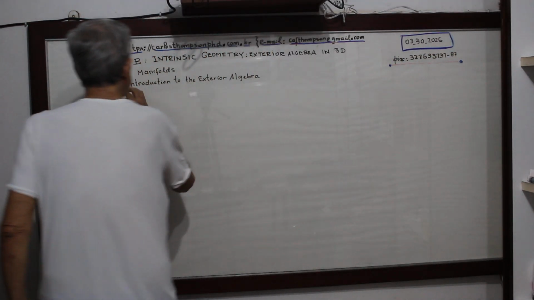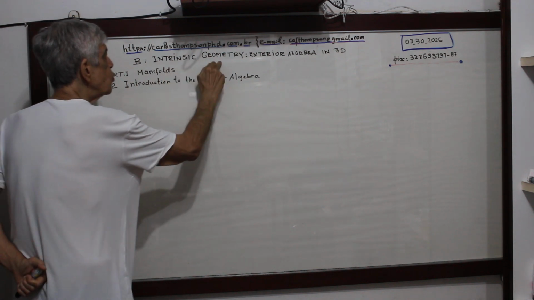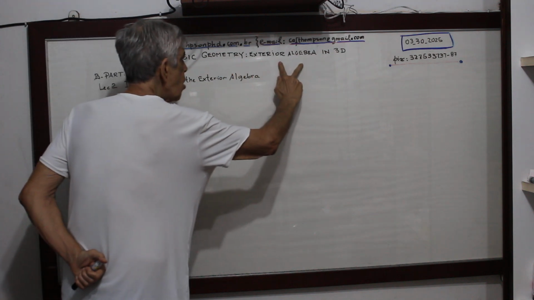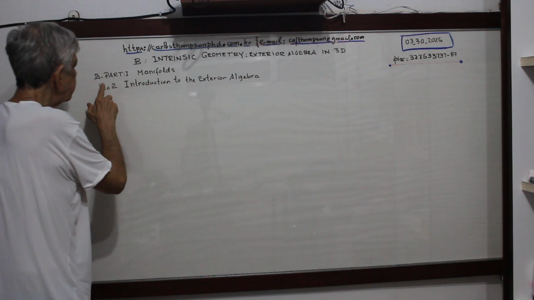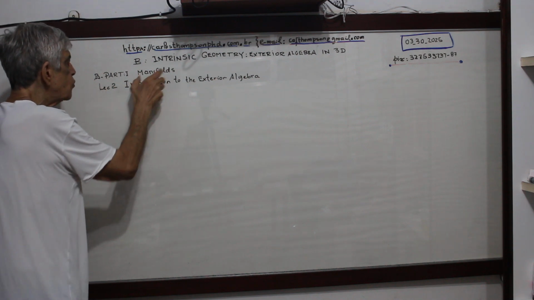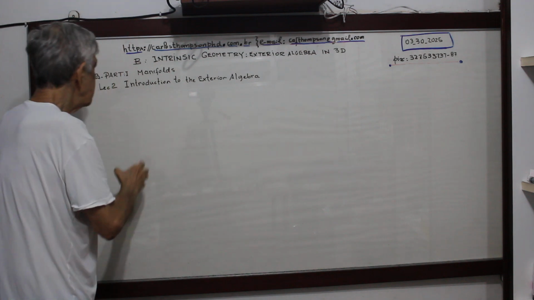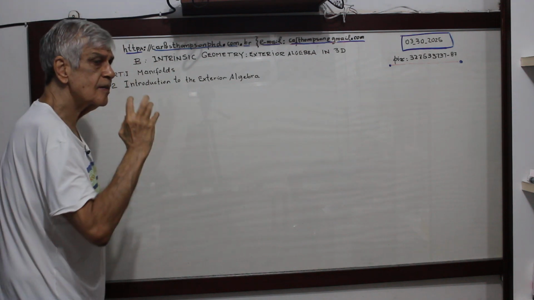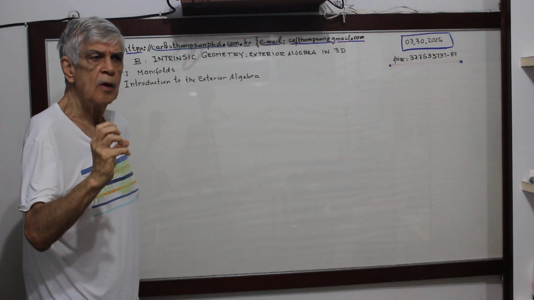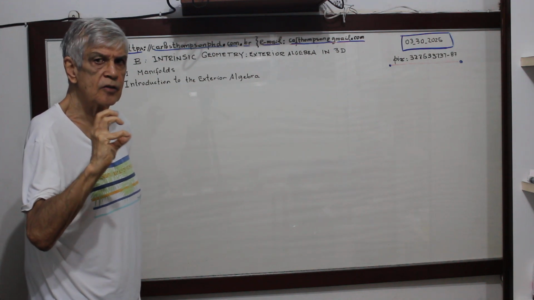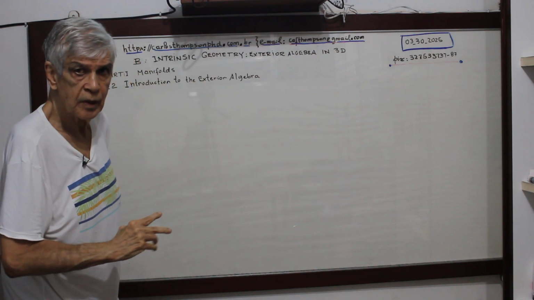Let's continue part B, the item B, Intrinsic Geometry, Exterior Algebra in 3 dimensions. Now, part 1, we are talking about manifold. But as I said, a main tool for the intrinsic geometry is the exterior algebra.